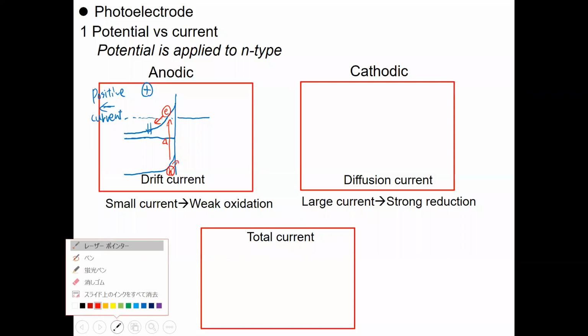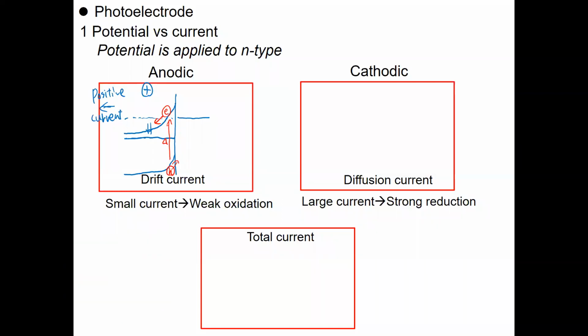On the other hand, in the case of cathodic potential being applied, again the chemical species have the same energy level, and the original Fermi level is now shifted upward.